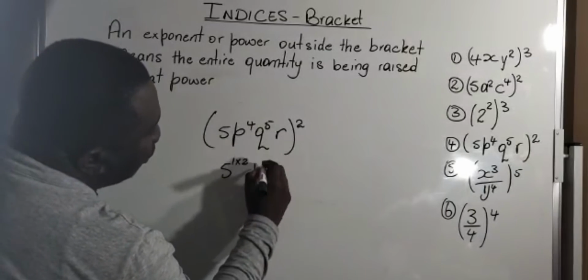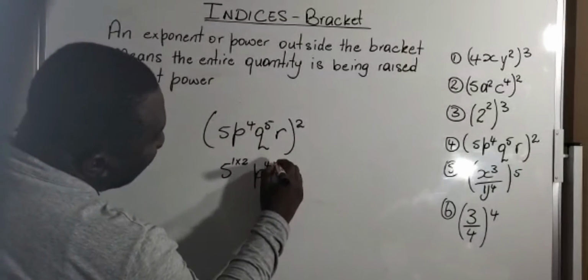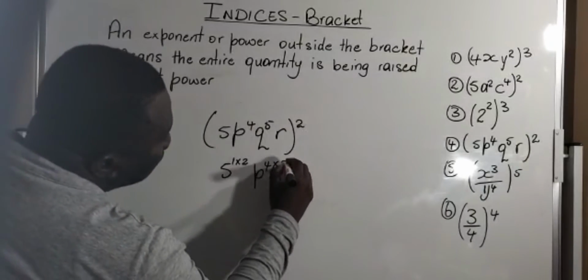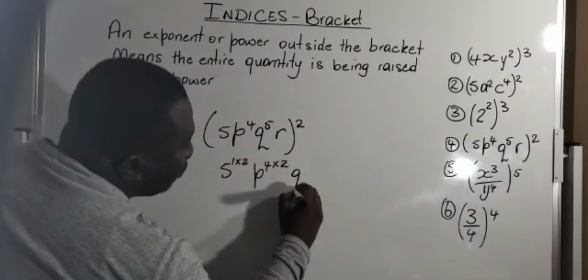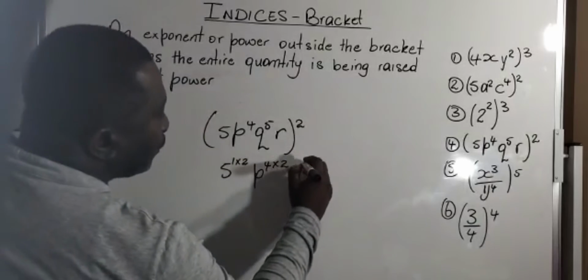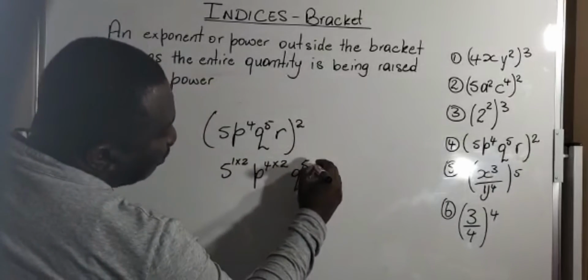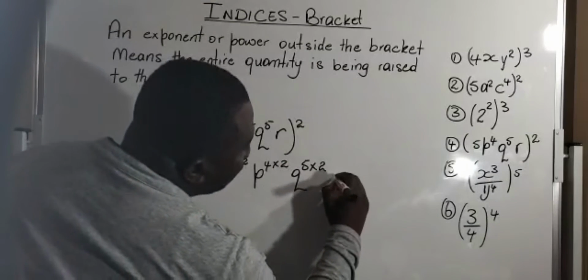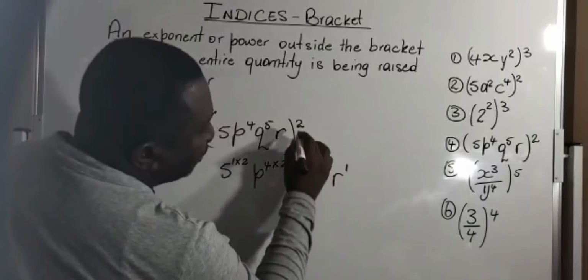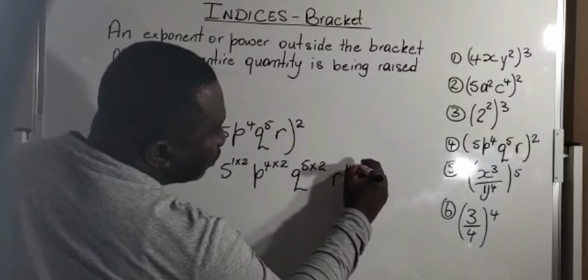P to the 4th will be multiplied here by 2. Go ahead again, Q, letter Q to the 5th is being multiplied by 2. And also R to the 1st is being multiplied by 2.